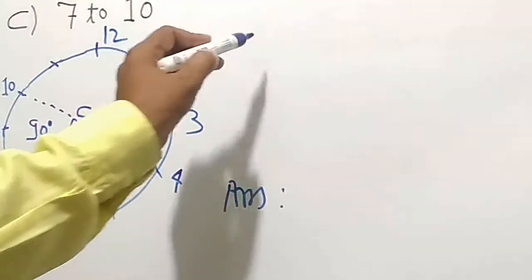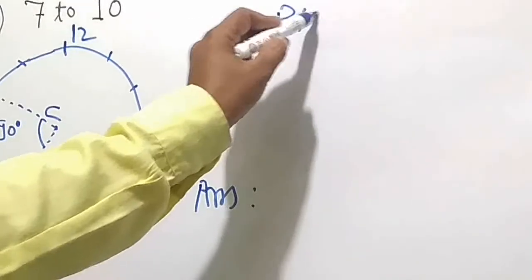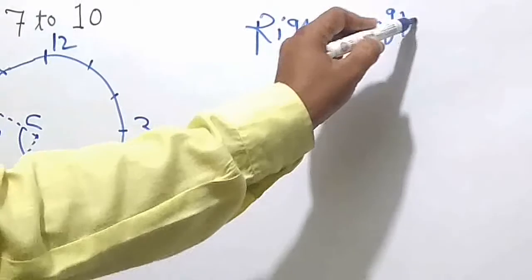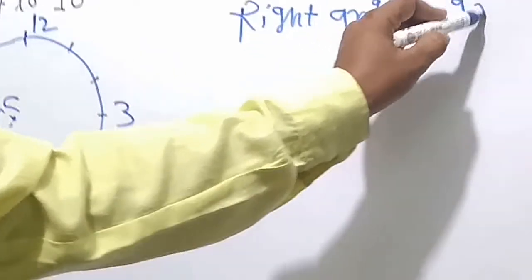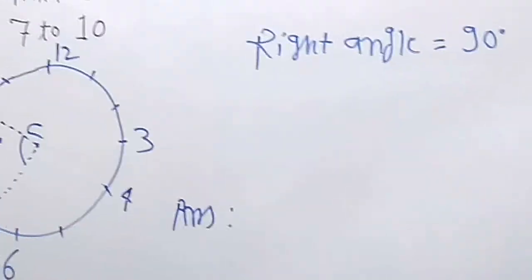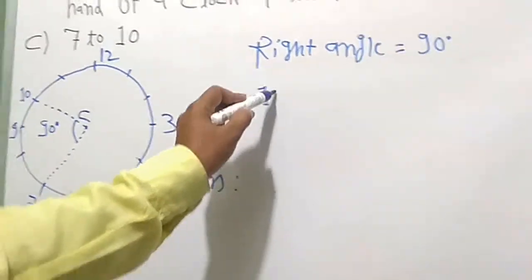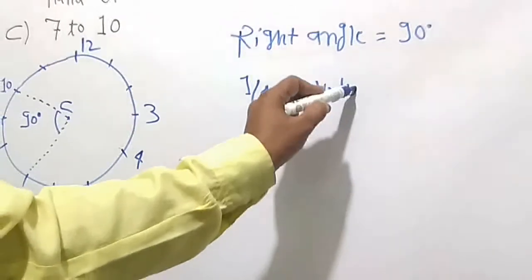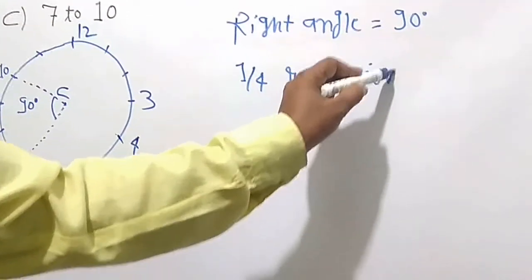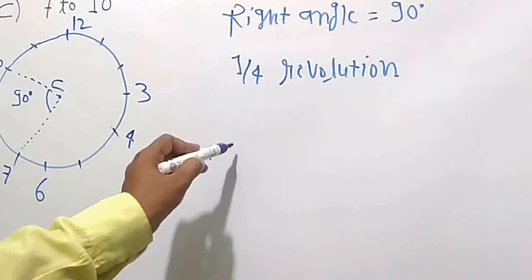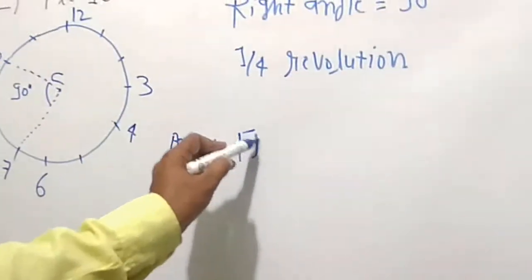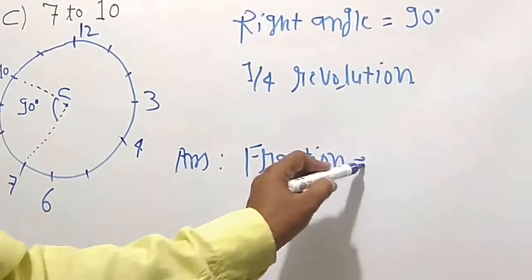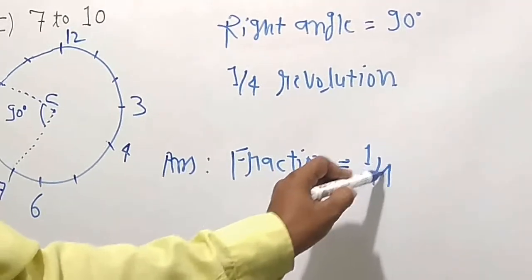So again we write right angle, that is of 90 degrees, and it shows 1/4 of a revolution. In the answer we can write fraction equal to 1/4.